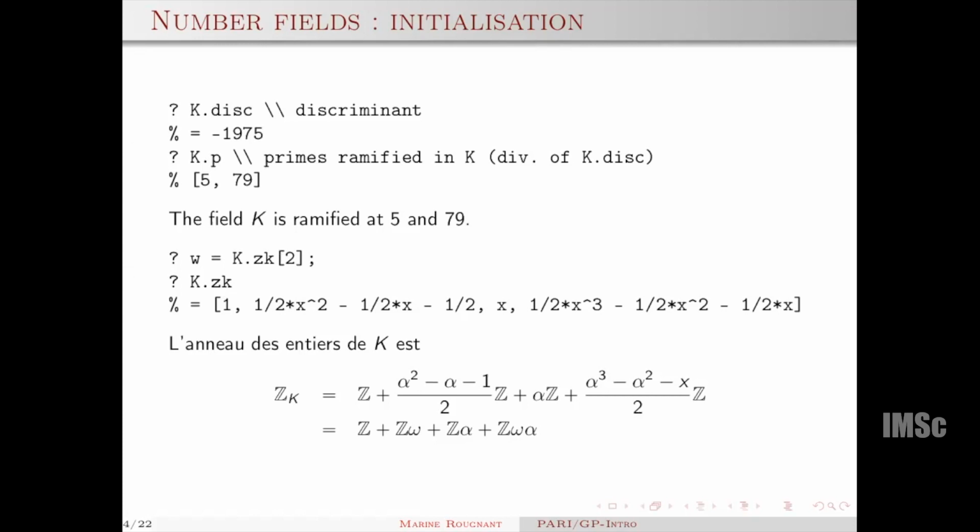Remember, x is the variable of your polynomial, so you can see it as alpha, where alpha is the root of your polynomial. So that's why I write everything with alpha. This third term is this one, so you can denote this one by omega, and you have this simple expression.